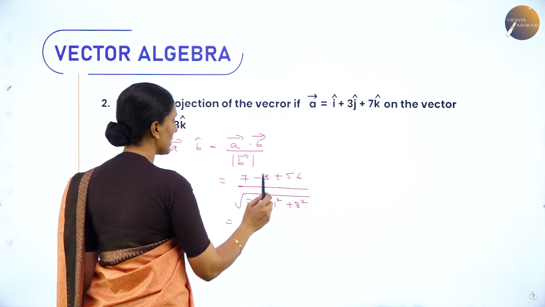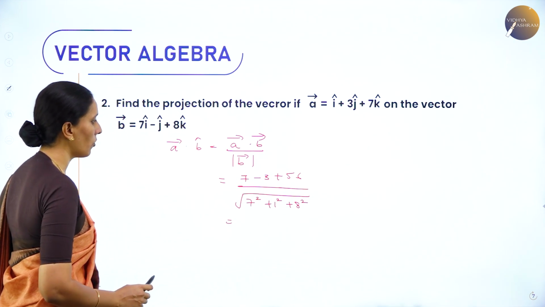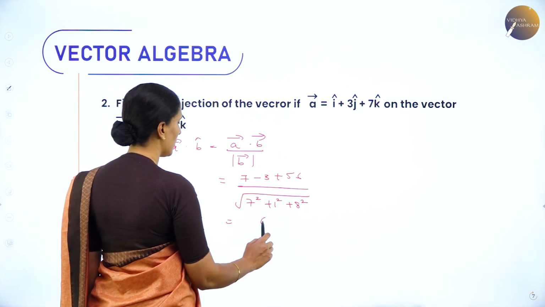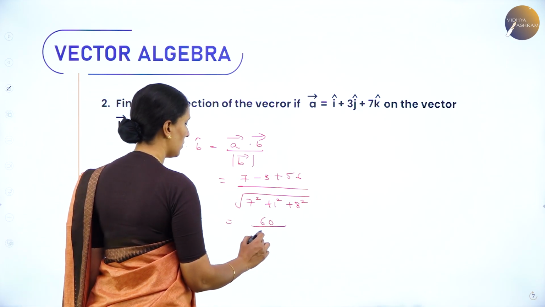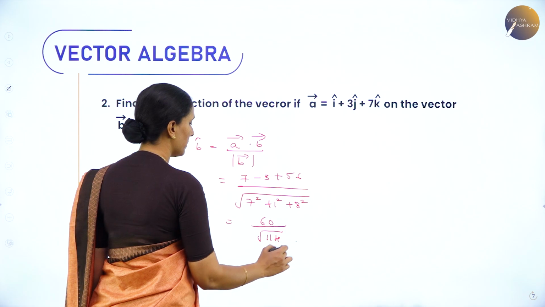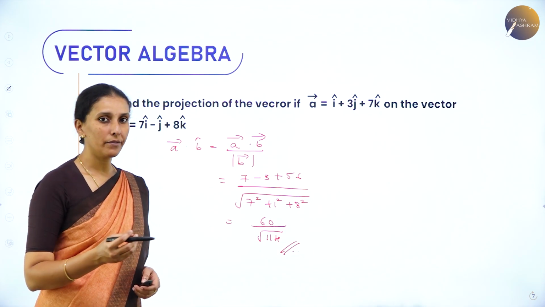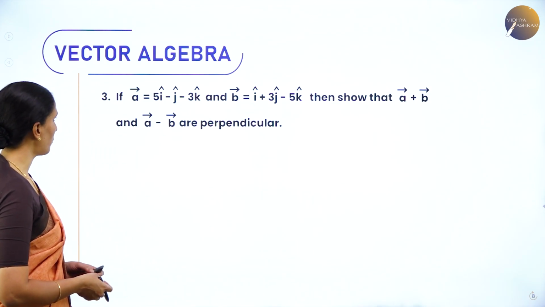So 7 minus 3 is 4, 60, divided by root 114. Now next we'll take some few problems on the scalar product of the vectors.